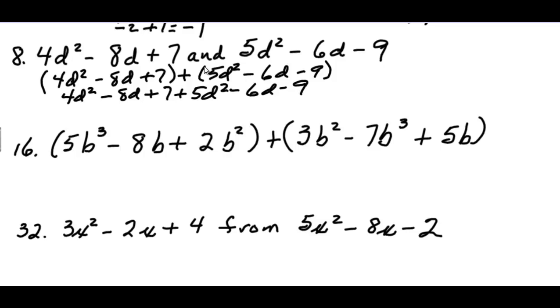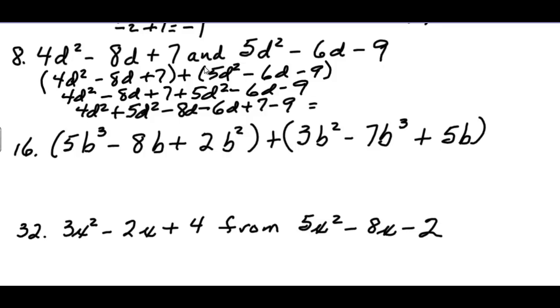We have a 4d squared plus a 5d squared. Then we have a negative 8d and a negative 6d. Then we have a plus 7 and a negative 9. Just make sure that we recopy all of ours and group them together as they belong.